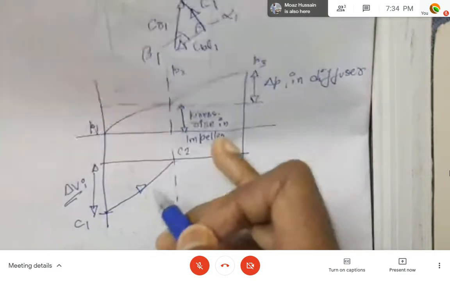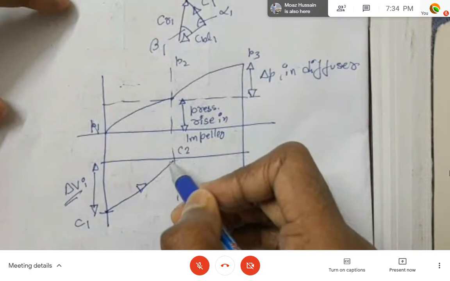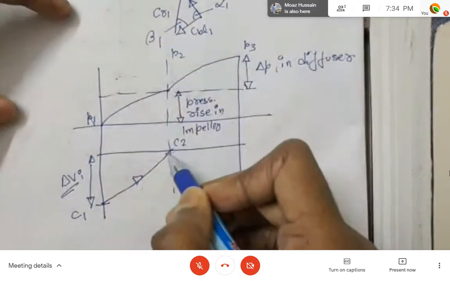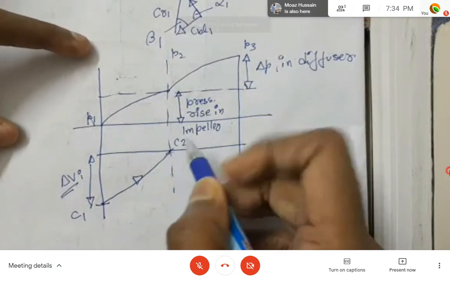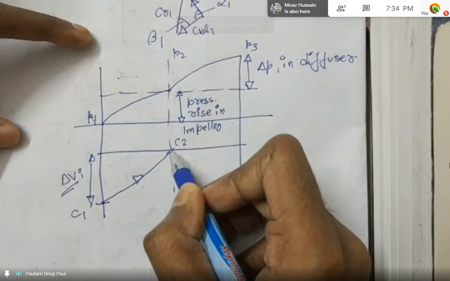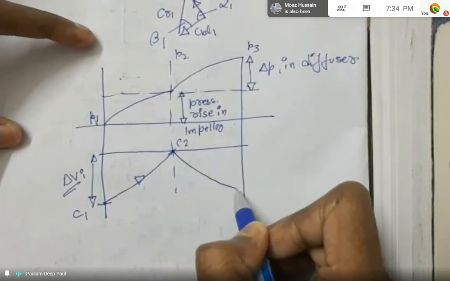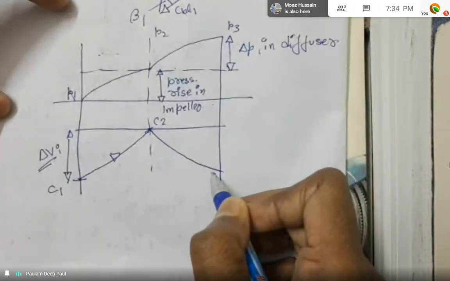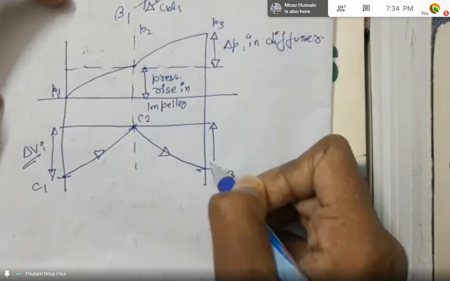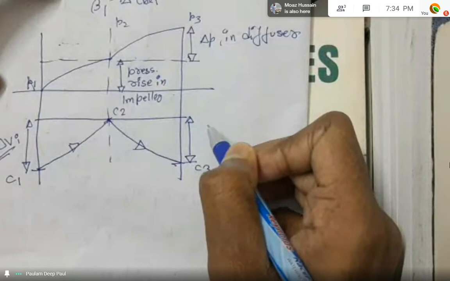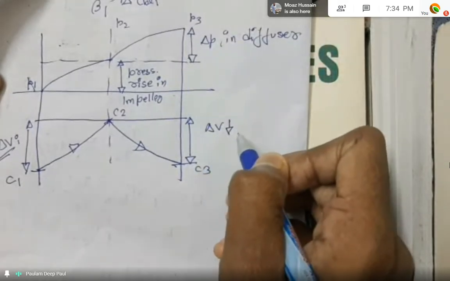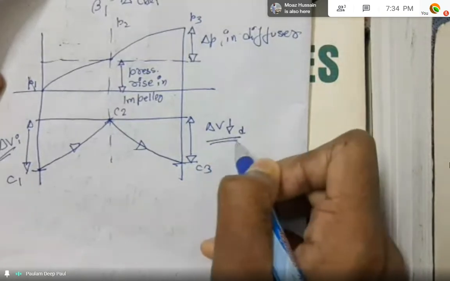Now, as the air is moving from the inlet to the outlet through the diffuser, its velocity decreases, because that's why we are getting an increase in the pressure. So its velocity significantly decreases here, maybe to C3, and this is the velocity decreasing with the down arrow in the diffuser stage.